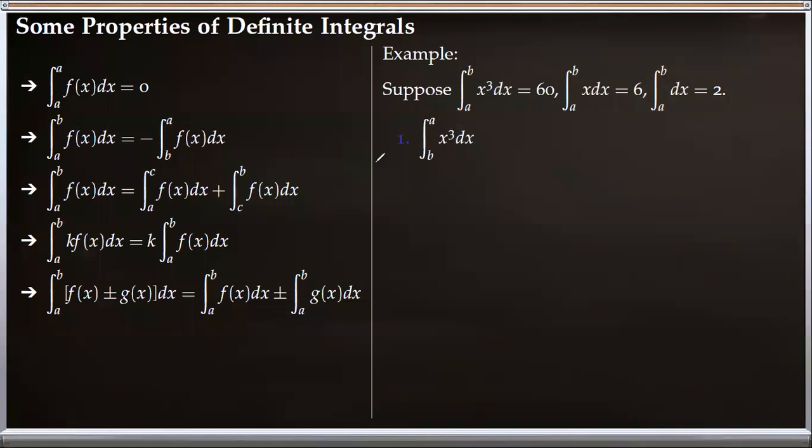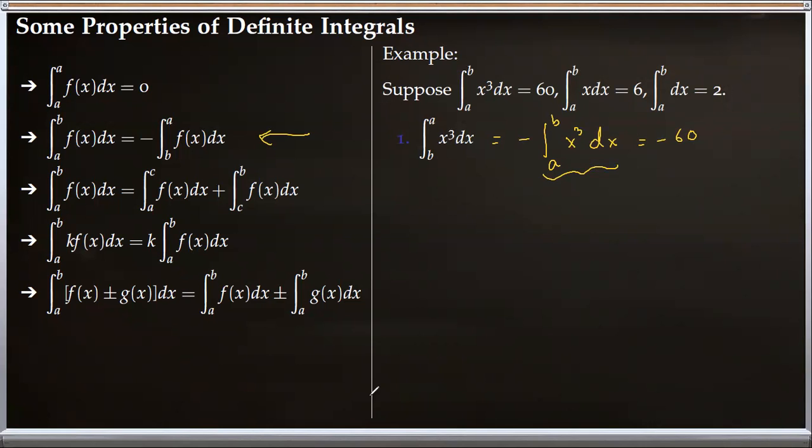Using one of the properties, basically this one here, we get this to be negative integral a to b of x cubed dx, because we want to write it in one of the forms given here. And this part here looks exactly like what we are given. So this becomes negative 60. Done with the first one.